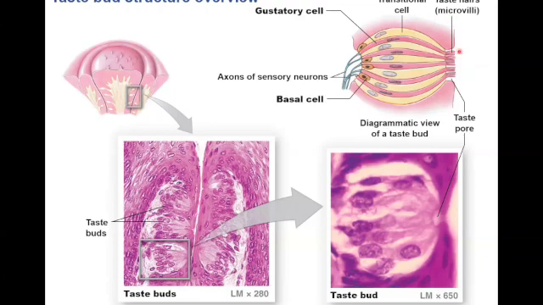Embedded within each one of those papillae, we're going to find a taste bud, and each taste bud is comprised of 40 to 100 of these specialized gustatory cells. This long cell that you see here is one of those gustatory cells. It's a specialized receptor cell that plays a key role in taste. At the very end of the gustatory cell, you have these projections called taste hairs. Those are actually microvilli.